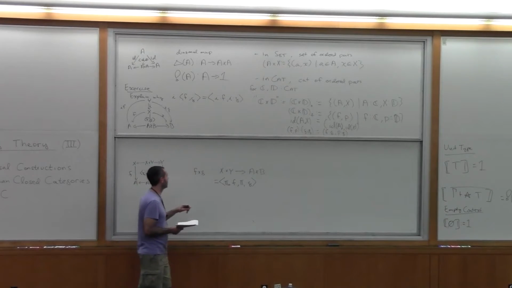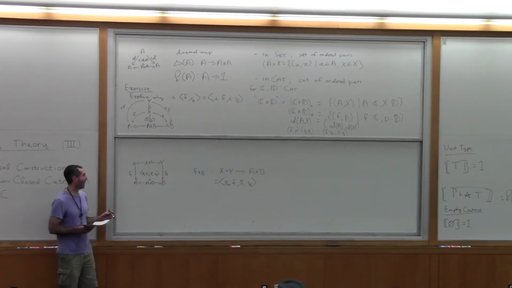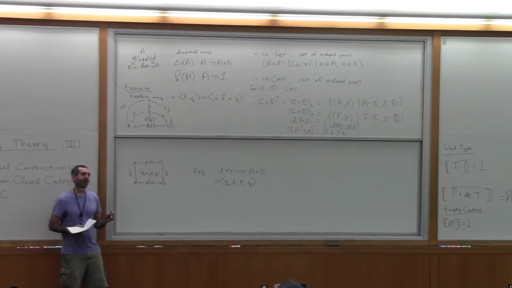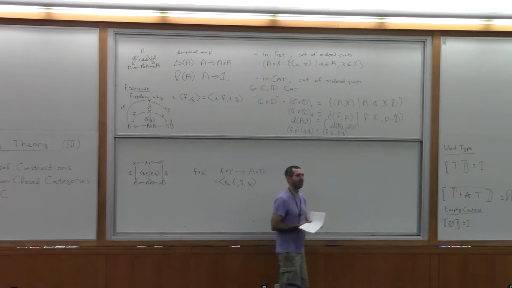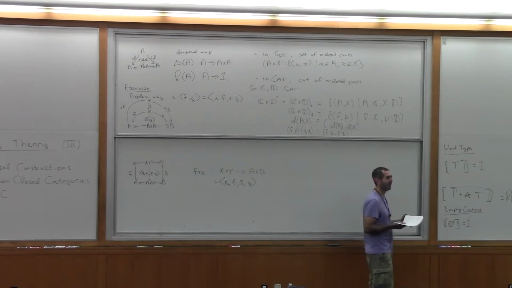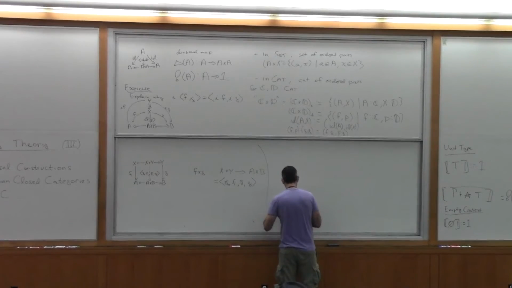That was the good office mate condition, but that holds true by construction. And what's the other thing they have to respect? Exactly. So I call that the composition structure, which meant, in particular, the identities and the binary composition, because then by associativity and unitality, it respects all the compositions. So let's see if that works.